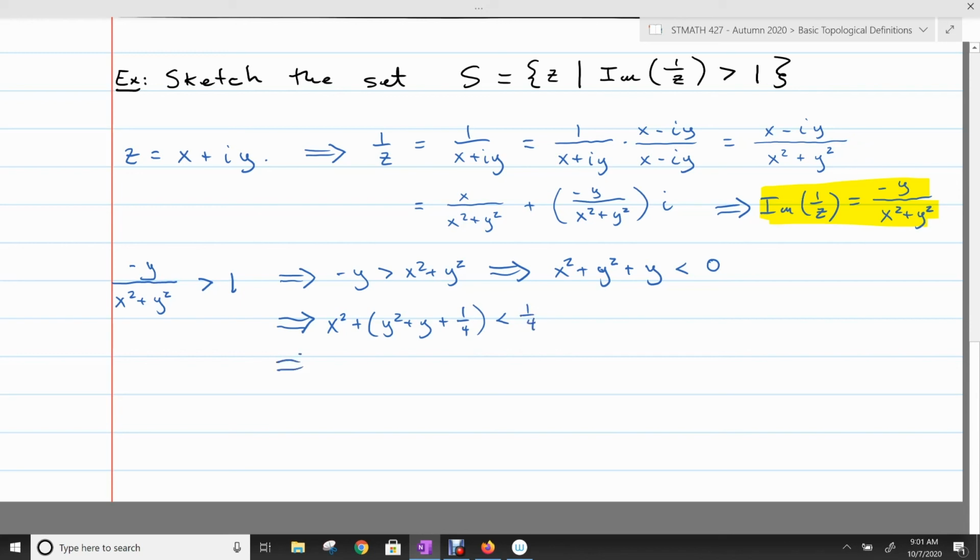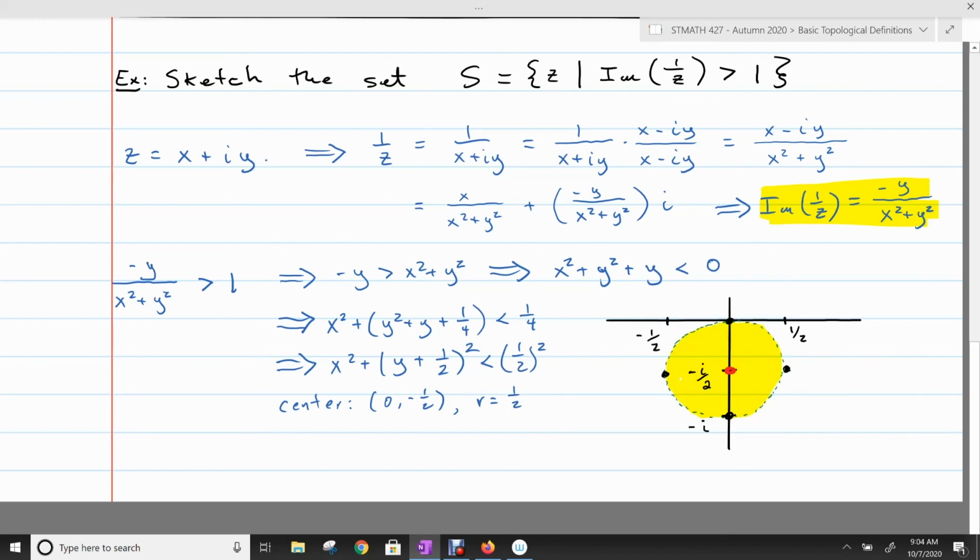And so now it becomes x squared plus quantity y plus half squared is less than 1/2 squared. So I can see that the center of this disk is 0, negative 1/2, and the radius is equal to 1/2. And you see that in the inequality it's a strict less than, so what we're talking about here is a disk centered at 0, negative 1/2 of radius 1/2 that does not contain the boundary. So it'll look like this.